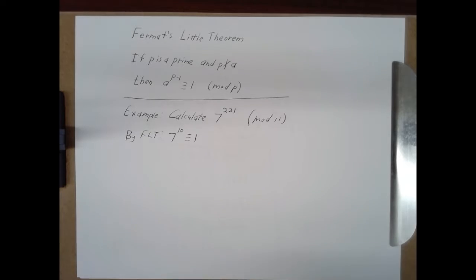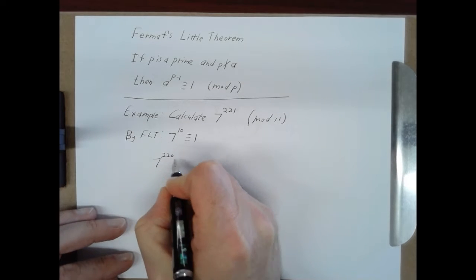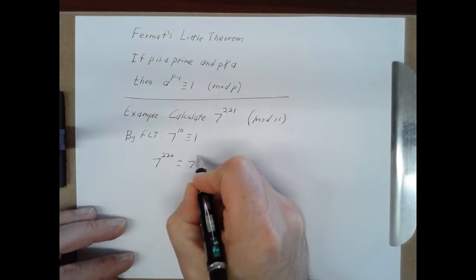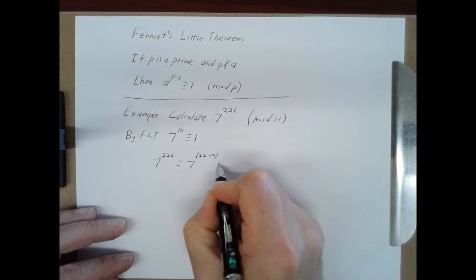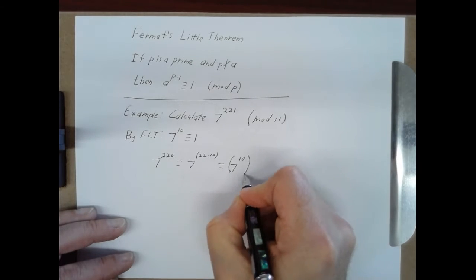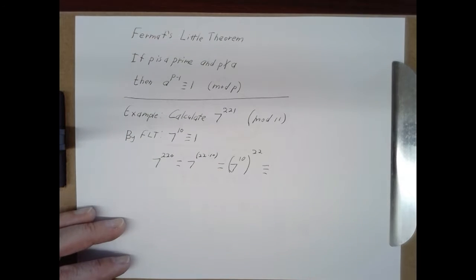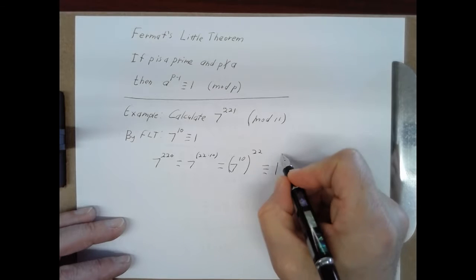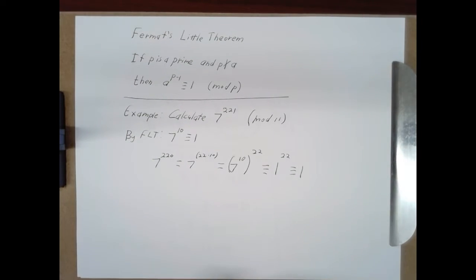And 1 is a nice number because we can take exponents of 1 and we still get 1. So we can observe that 7 to the 220th is equal to 7 to the 22 times 10, which is equal to 7 to the 10th raised to the 22nd. And since 7 to the 10th is congruent to 1, this is congruent to 1 raised to the 22nd, which is just 1.